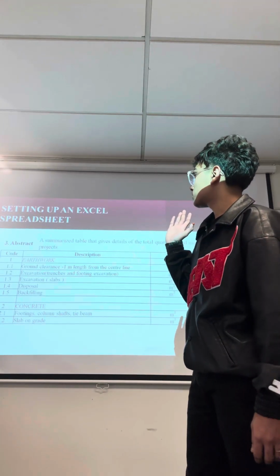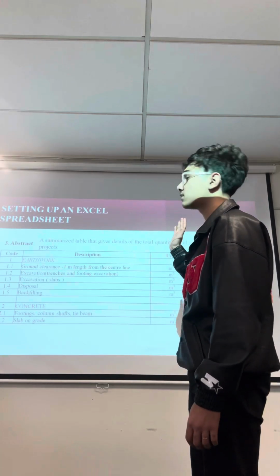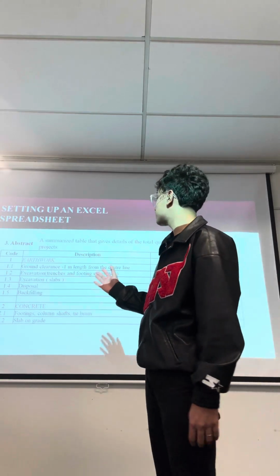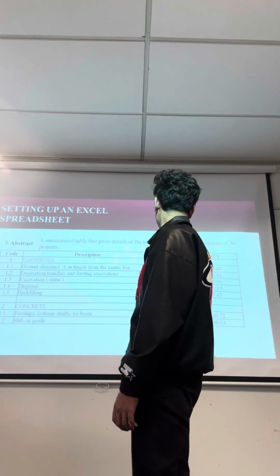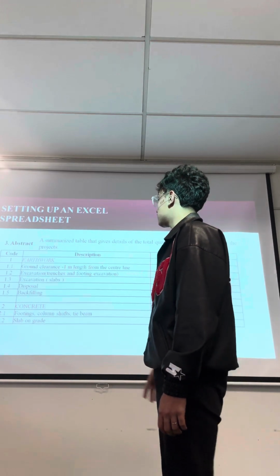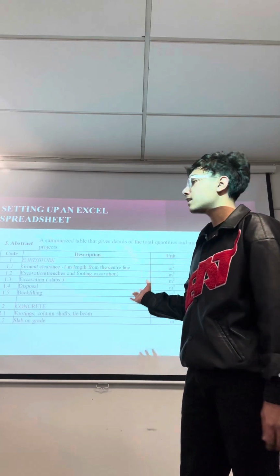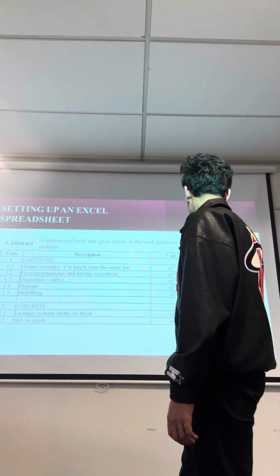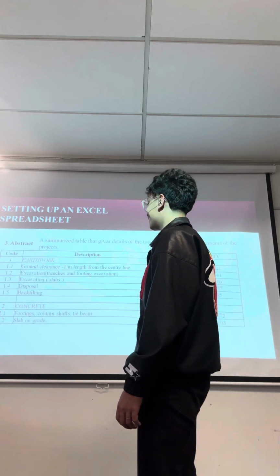So the third one is the abstract. This is the summarized table that gives many details of the total quantities and measurements of the project. As you can see, the earthwork includes ground clearance 1 meter length from the center line, which is in meter square, and its quantity is 99.44.